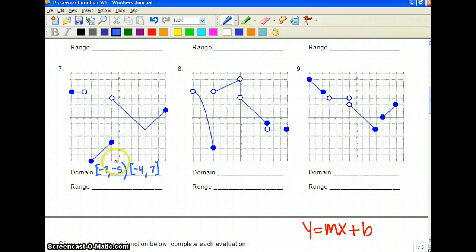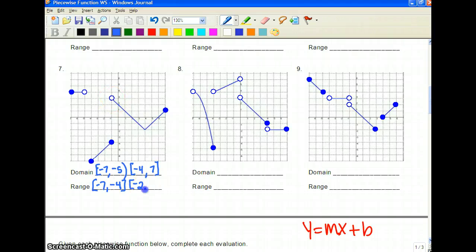All right, if you do the range, the first one that's being used is -7, -6, -5, -4, and then I'm going to have to jump up here. So I have to stop it with -4 with a bracket because it's closed. The next number that I start with is 2. Now that's not a dot, but that's filled in, so that's going to be a bracket, so it's -2. -1 gets used twice, 0, 1, 2 is getting used right here, but 3 is not getting used, and then I'm going to have to jump.